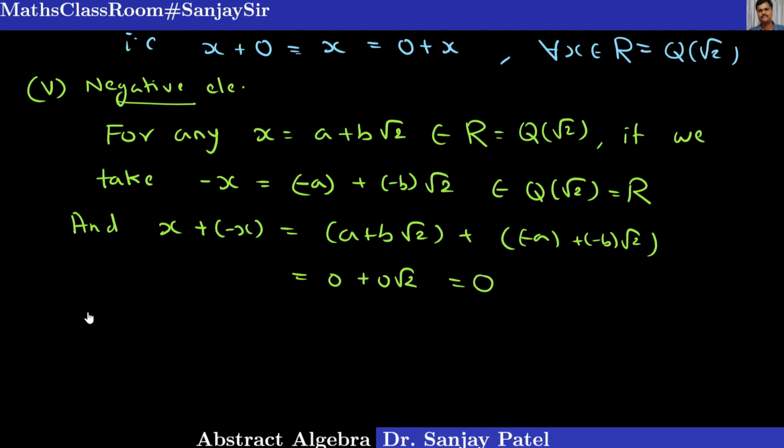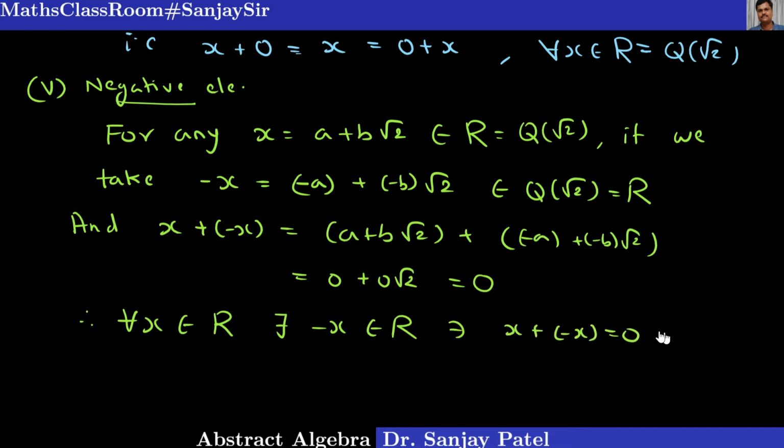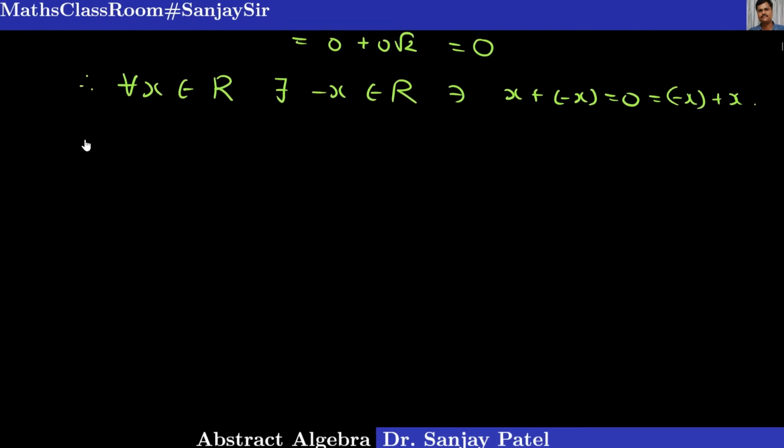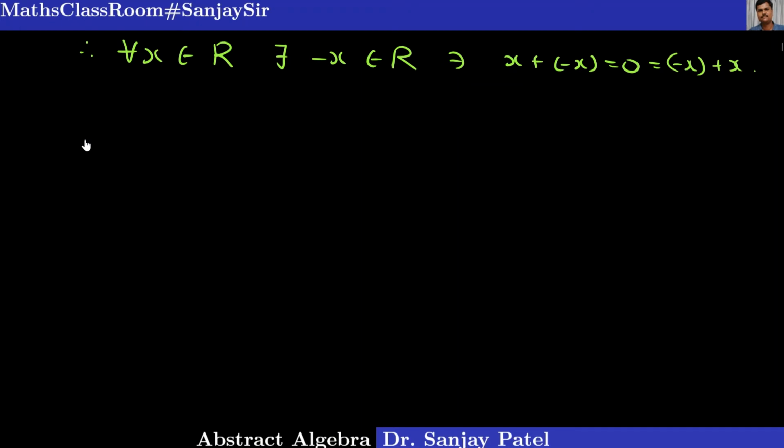So for every x belonging to R, there exists minus x belonging to R such that x plus minus x is equal to 0, and the same as minus x plus x. So we have proved the first 5 axioms for the ring. So it says that Q(root 2) is an abelian group with respect to the operation of addition.